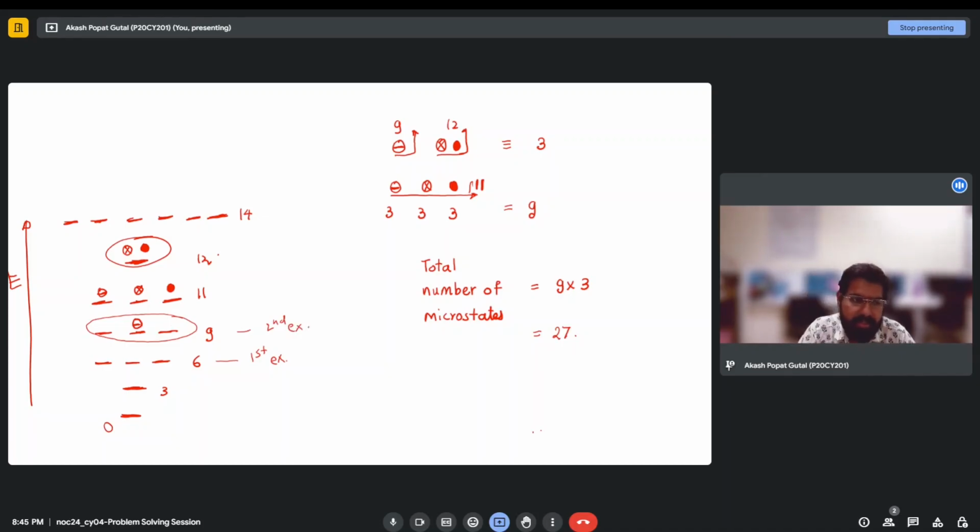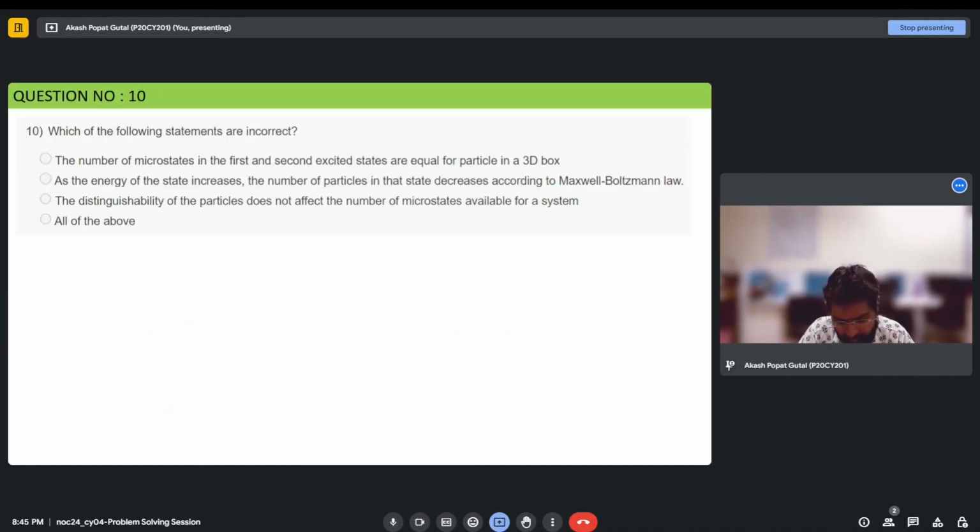If you see, the degeneracies themselves are the number of microstates. So this first statement is right, and we need to find the incorrect statement.